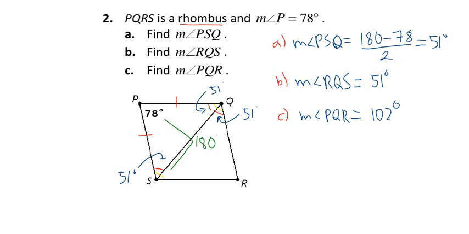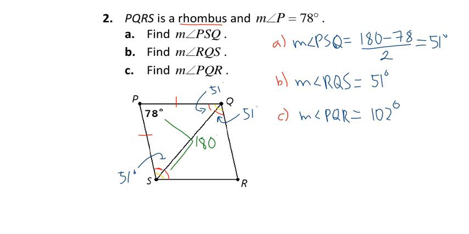But since this is a rhombus, we know that the diagonals bisect the angle, so this angle here would be equal to angle QSR, so that makes this part equal to that one. So after you subtract 180 minus 78, you should divide by 2, which is exactly the same procedure that we have over here. So any way that you do it, obviously you should get the same answer.